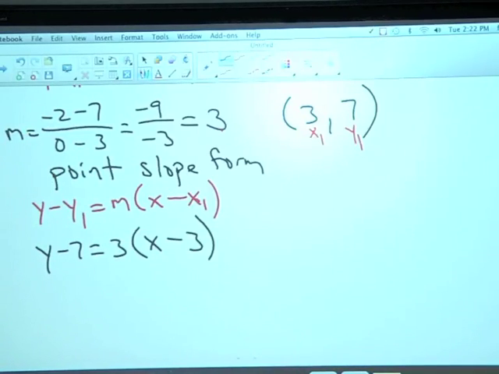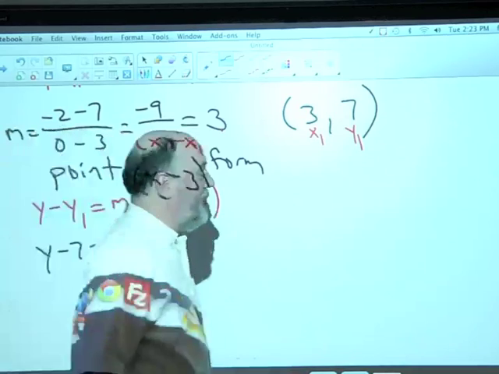That's it. We have the equation in point slope form. Next part. I now want to get this in slope intercept form. So I'm going to take this equation here and solve it for y. And that'll give me the other form.